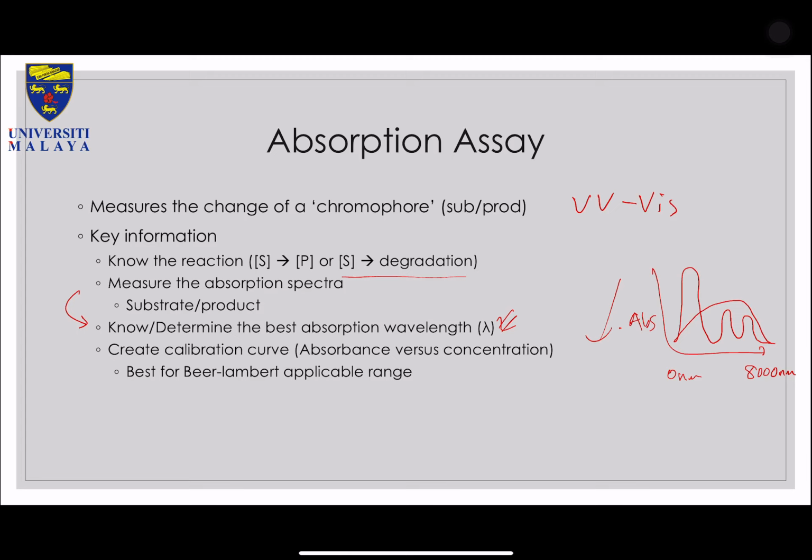And then once you know the correct wavelength that you want to measure, what you do first, if you recall from first year analysis lab, is to create a calibration curve. You don't simply just measure and then say, oh, this one is XX concentration, or this one is 1 molar concentration. You don't simply do that. Firstly, you prepare an enzyme or a substrate. If you are looking at substrate disappearance, you will set certain values of substrate.